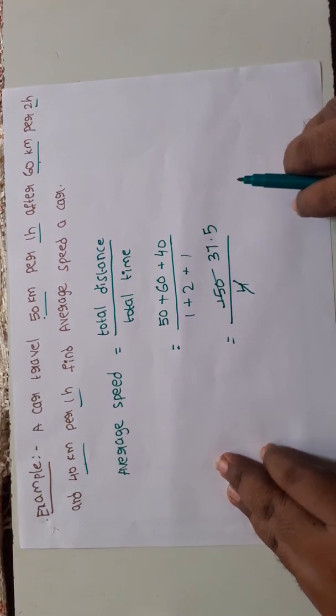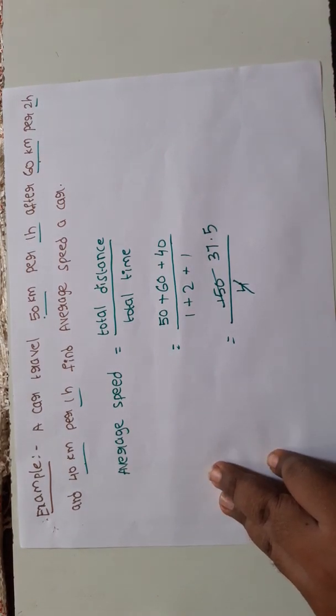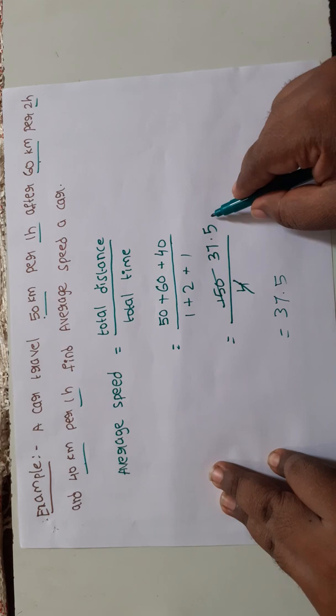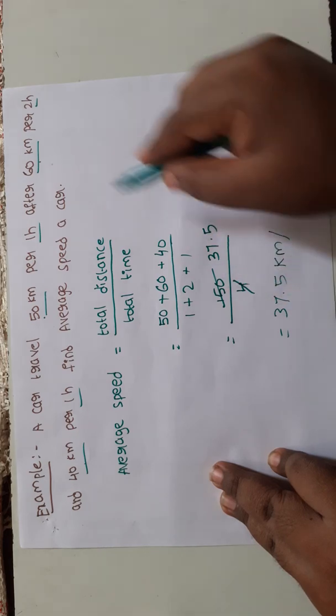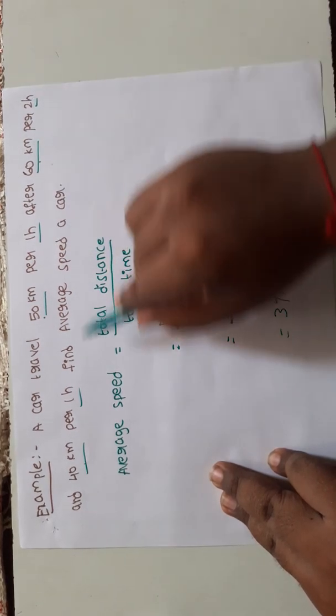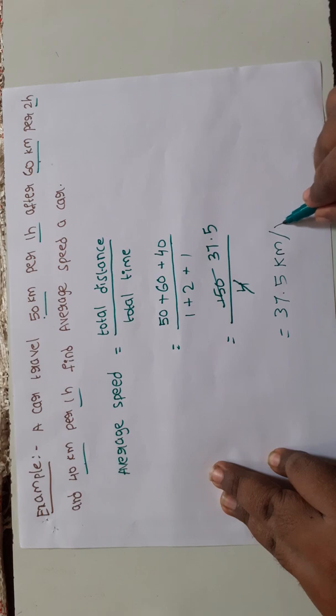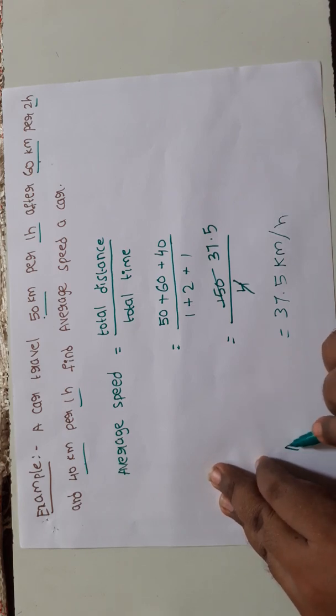So the average speed of the car is 37.5. Here 150 is in kilometers, 4 is the hours, 1 hour, 2 hours, 1 hour, so kilometer per hour.